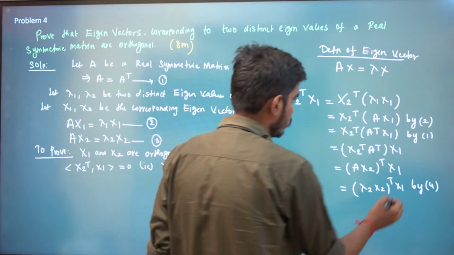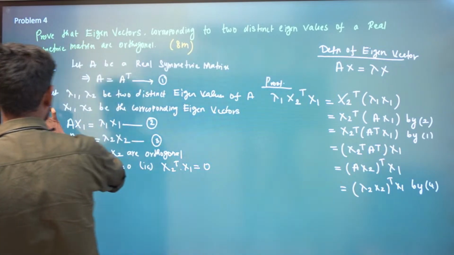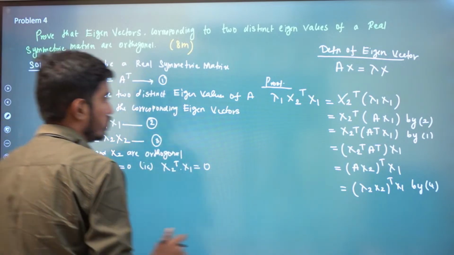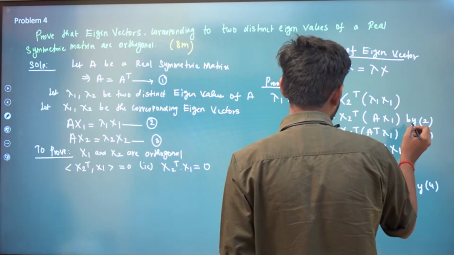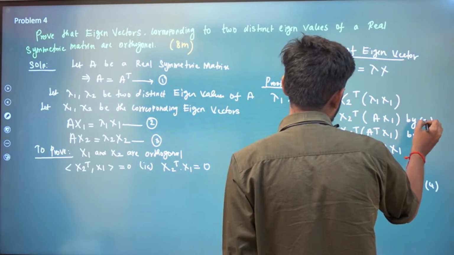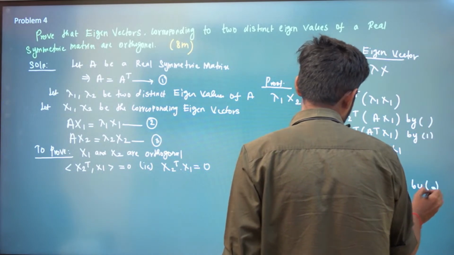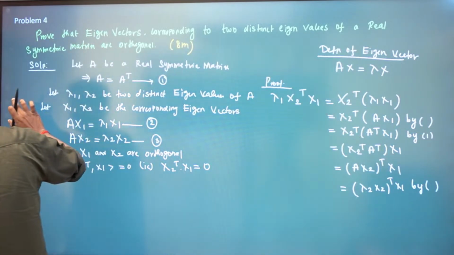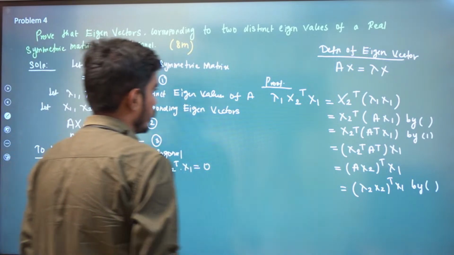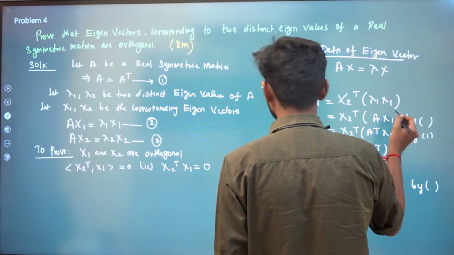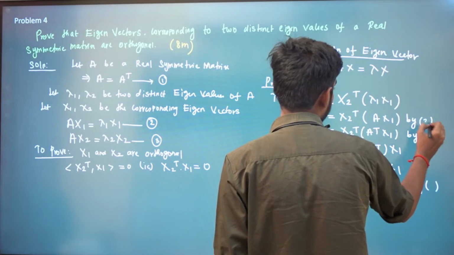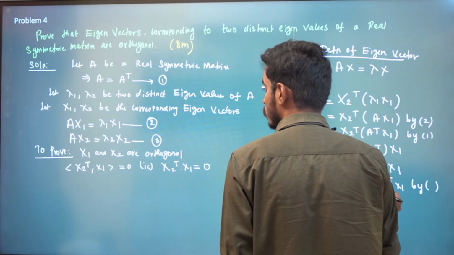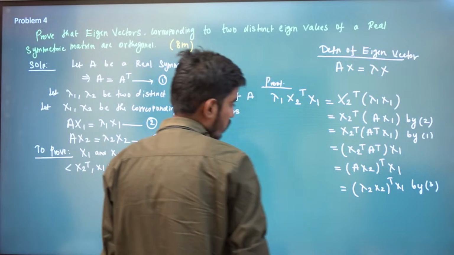This is by (2). A x1 is lambda 1 x1. So A x1 is lambda 1 x1, this is by (2), and A x2 is lambda 2 x2, by (3).